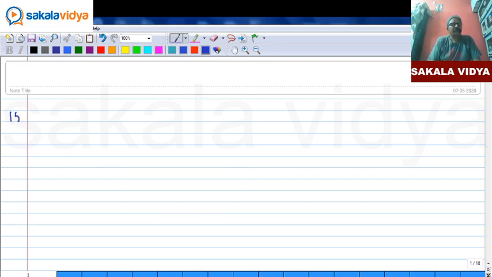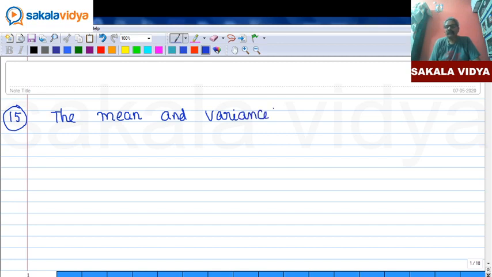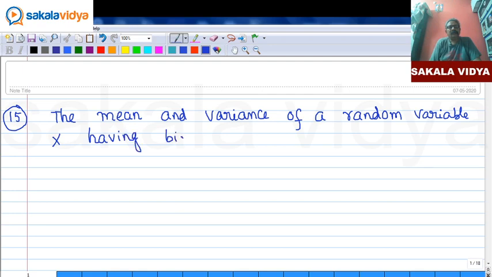So now the 15th question. The mean and variance of a random variable x having binomial distribution are 4 and 2 respectively.